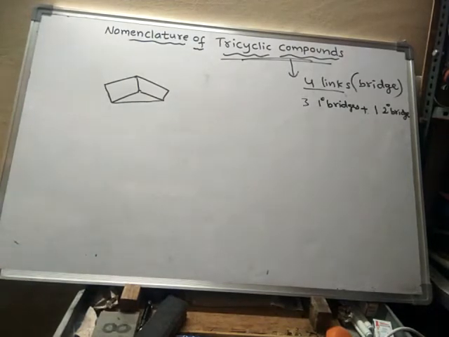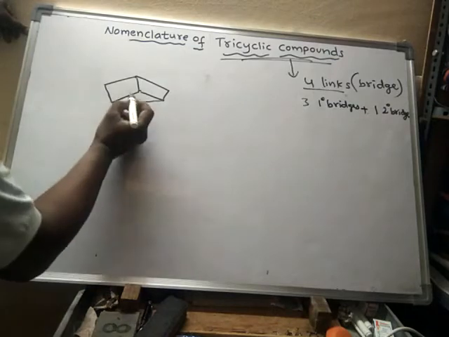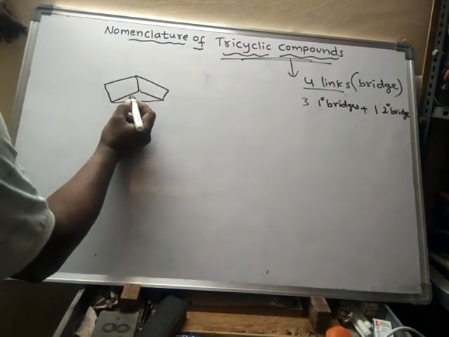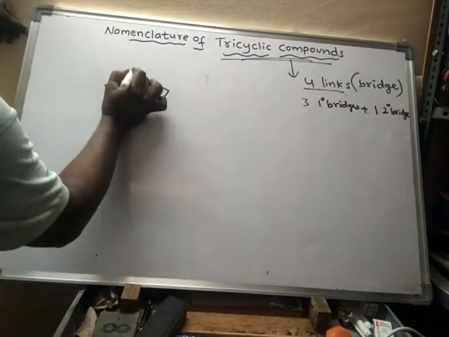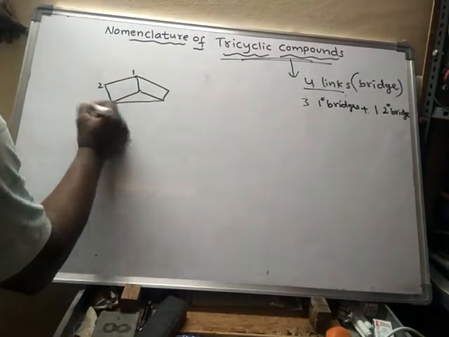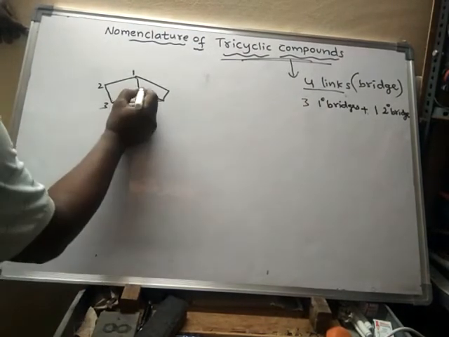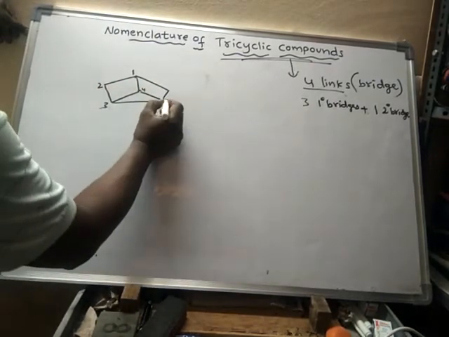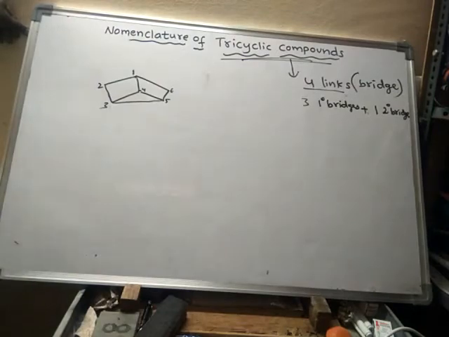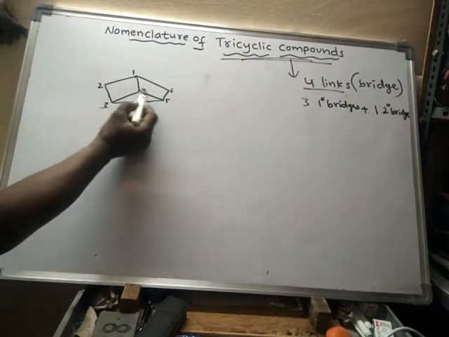Then how to give numbering? Numbering should always start from a bridgehead carbon. For example, this is the first carbon, this the second carbon, this the third carbon, and this will become the fourth carbon, this the fifth, this the sixth. So 1, 2, 3, 4, 5, 6.